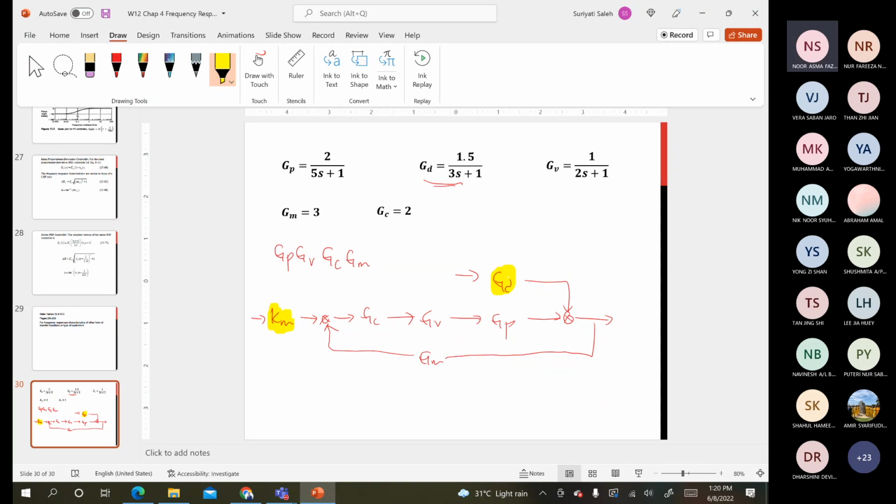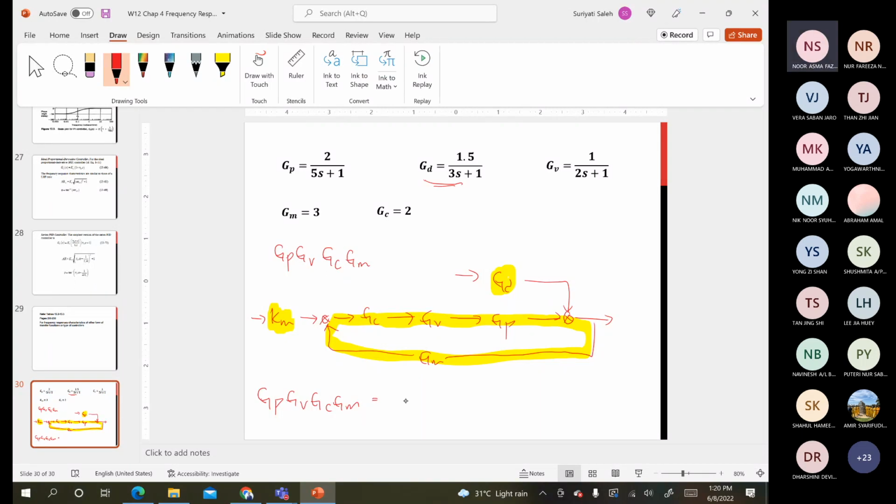What we are interested in is the loop itself. When you have the closed loop, it represents this loop only. So this is what we call the loop. Meaning that for this part, we just use the combination of the GP, GV, GC, and GM, and you just multiply all of the transfer functions.